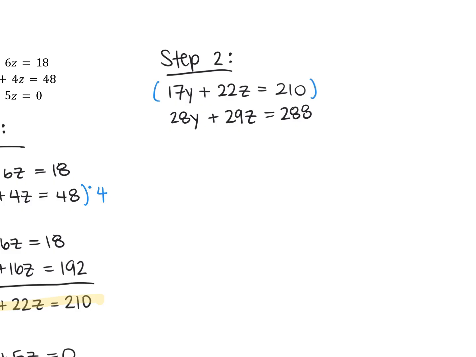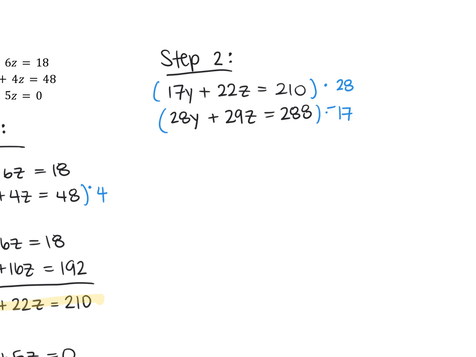So unfortunately, 17 and 28, the smallest number they go into is their product. So I'm going to multiply my first equation by 28 and my second equation by 17. And since they are both positive, I do need to multiply one of them by a negative. And it doesn't matter which one you choose to be negative. So I'm just going to make the 17 negative.